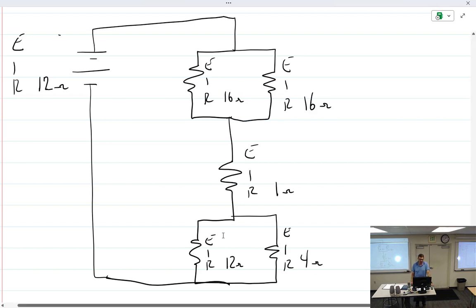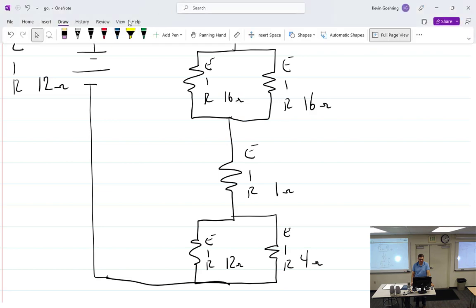So we got to combine this. What's it going to look like? Series or parallel? Parallel. Final answer? Series circuit. How many elements will my simplified circuit have? 3.